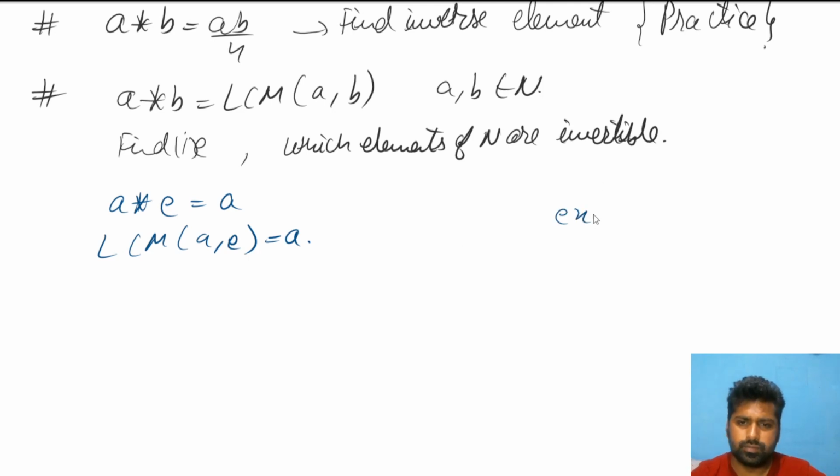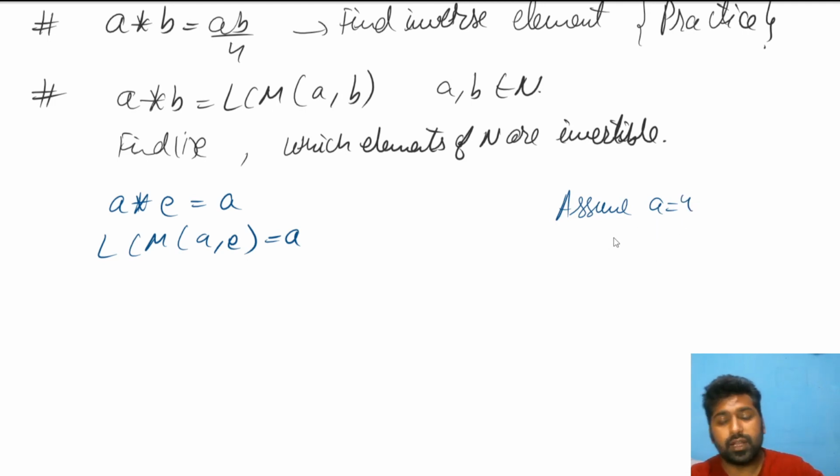Let's assume a as, say, 4. Otherwise you'll say I'm taking a prime number. It's a composite number. What is the LCM of 4 and something that is 4 itself? What should this something be? It can be 1 also, it can be 2 also.